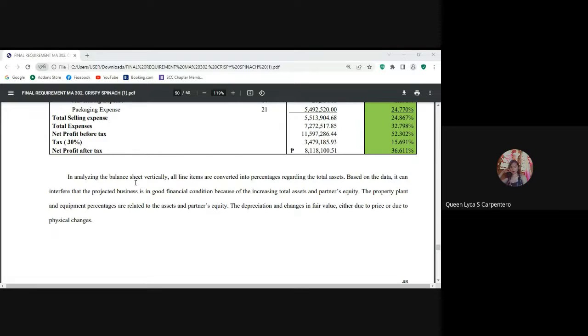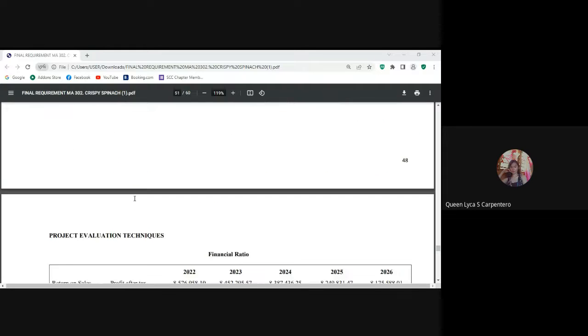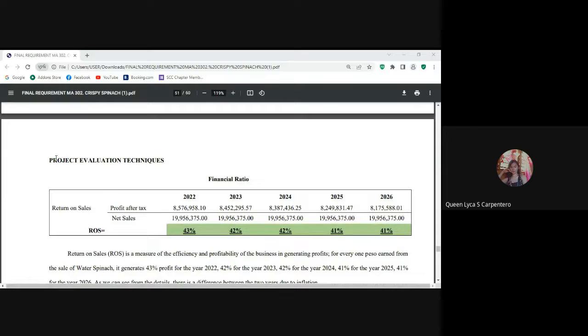The property, plant, and equipment percentage are related to the asset and partner's equity. So the depreciation and changes in fair value either due to price or due to physical changes. So the project evaluation techniques.